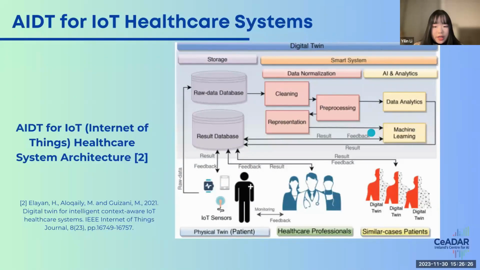The heart of the AIDT structure is the AI system that does the data analysis and machine learning. This intelligent system uses processed data to build various predictive models to continuously monitor health and detect anomalies earlier.